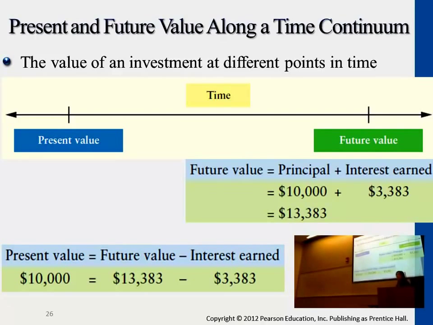Assuming that you're getting 6% interest every single year, after 5 or 6 years, perhaps the value becomes $13,383. So that is the value that you're receiving after the certificate of deposit. You release your money, and you're getting the $13,383. The difference between the present value and that future value is the interest that you're getting in the middle.